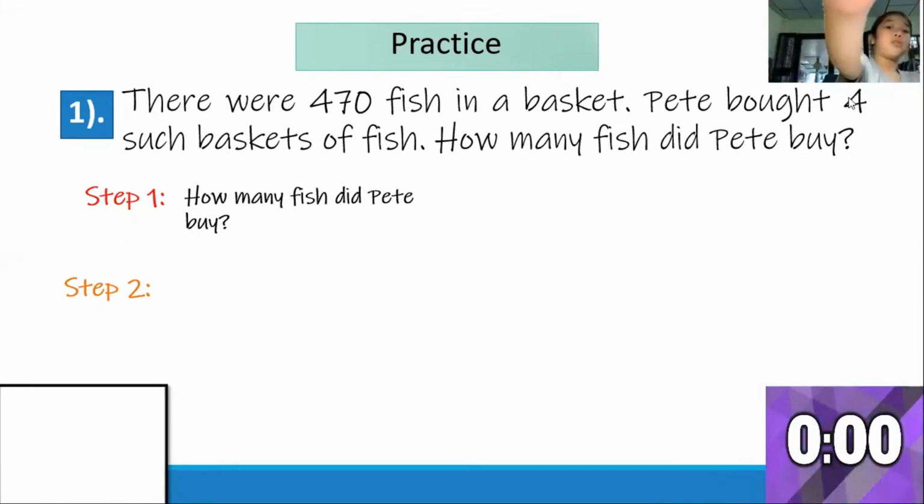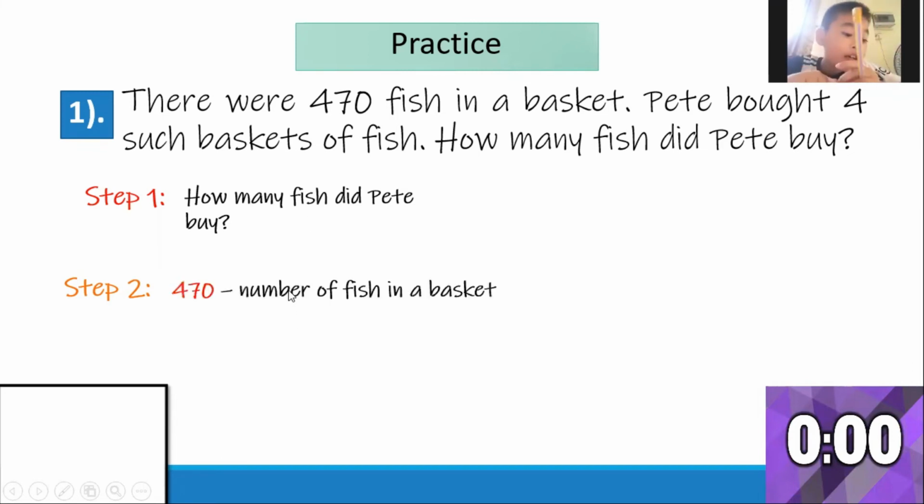Very good. Who can give me the answer for step 2? There are 470. That's right, 470. We have two numbers, right? 470, what is that? The number of fish in a basket. Or you can just write fish in a basket.